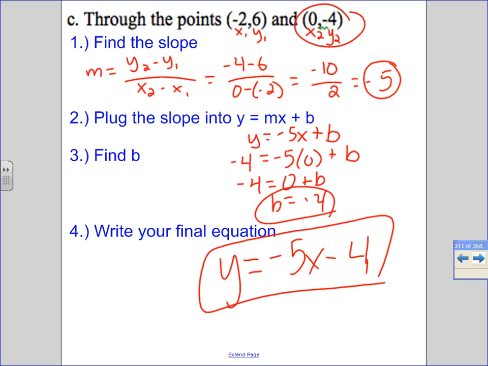It doesn't matter. You can pick either one and plug it in. However, Annalise, if you're given the y-intercept, that's your b value. Okay? But you're not always going to be given the b value. And also, if you have to plug it in, the x value is going to be multiplied by the slope. Yep. We're going to do more of this tomorrow.